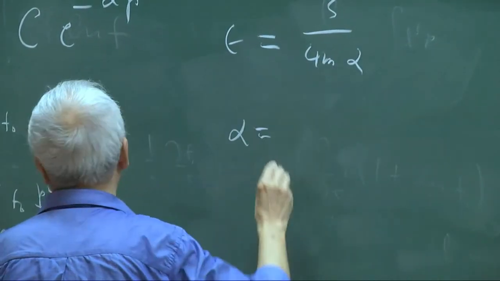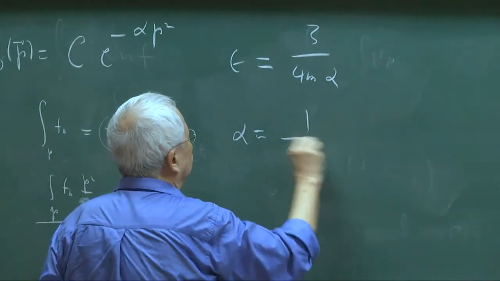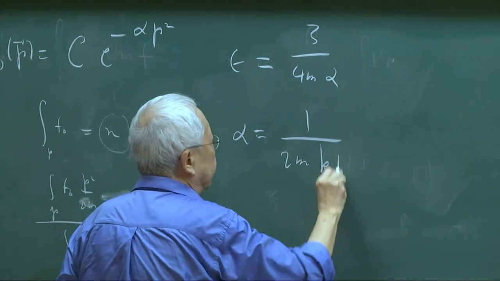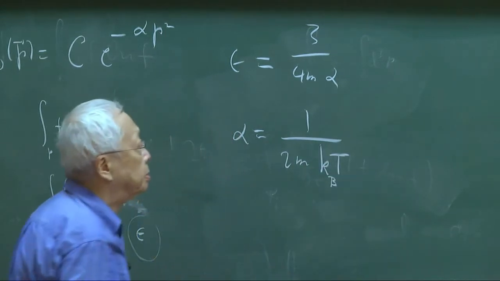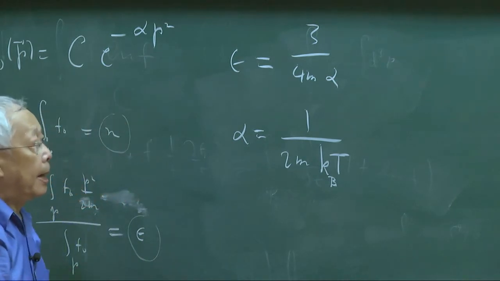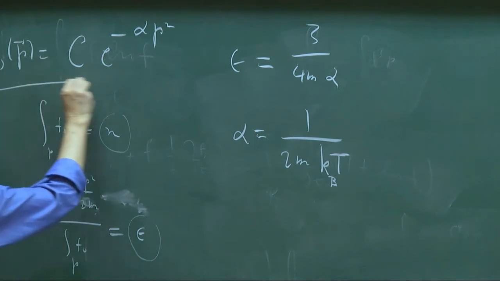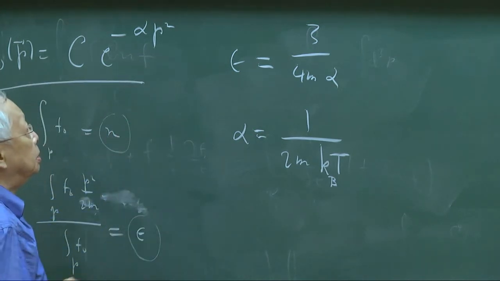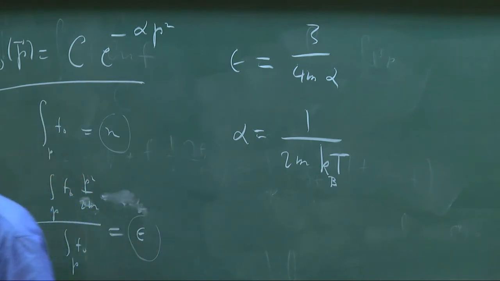And alpha is just equal to 1 over 2m kT. Here k is Boltzmann's constant. So now we have this distribution in terms of the average energy of the system.